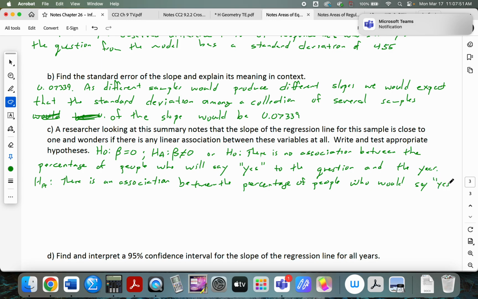You may notice that this is worded pretty closely to the same way we did for a chi-squared test for independence. Our null was there is no association between these two categorical variables from a single sample. And our alternative was there is an association.